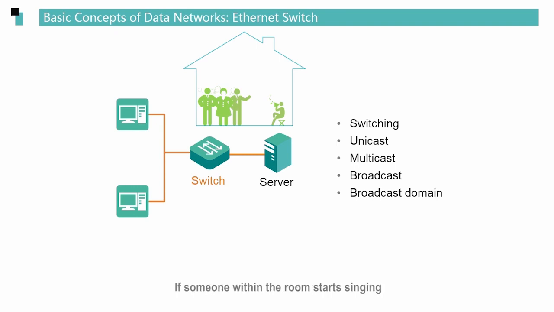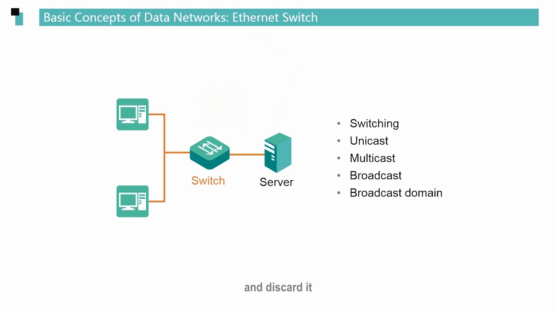If someone within the room starts singing, every other person in the room will hear the song, regardless of whether they want to. Similarly, if one node in the broadcast domain broadcasts a message, all other members of the broadcast domain will receive it, whether or not they need it. After receiving the message, a node may examine the data, find that it's not needed, and discard it.